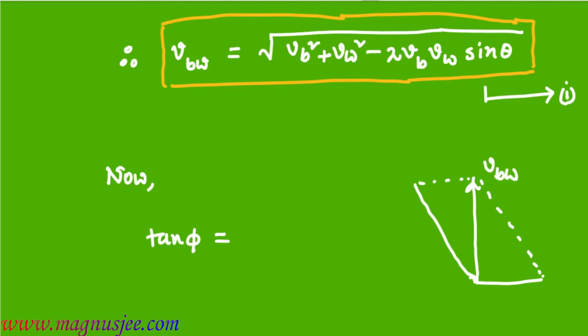This is vector VBW, the resultant velocity of the boat with respect to water, and this is the velocity of river water towards the right, vector VW, and vector VB is the actual velocity of the boat. VBW acts at an angle phi with VW, and VB is acting at an angle theta with the direction of VBW. In this case, phi is measured with respect to VW.